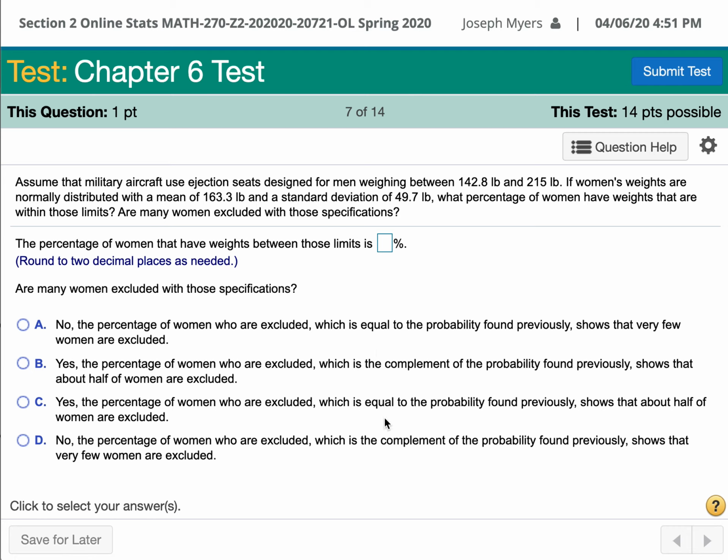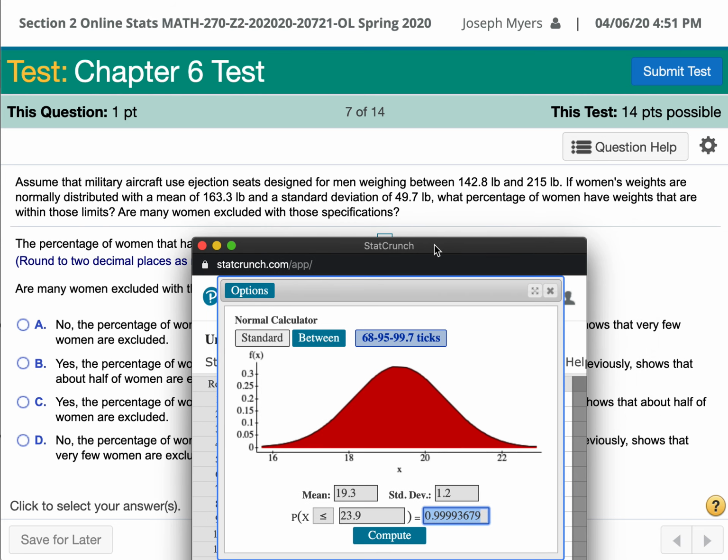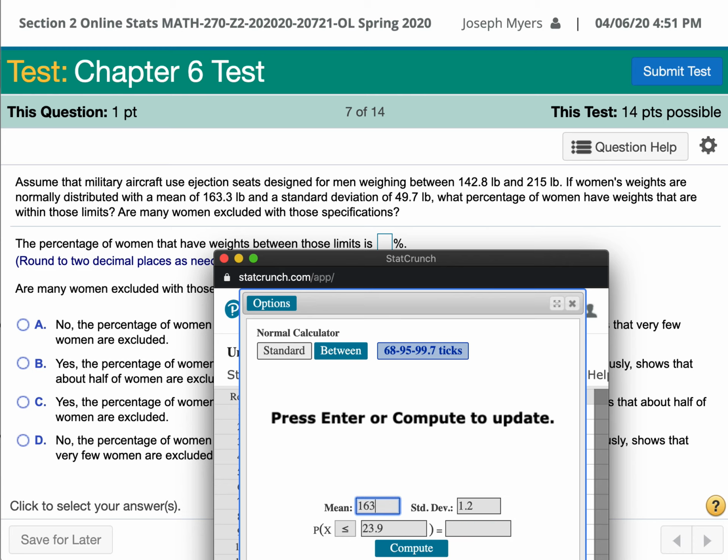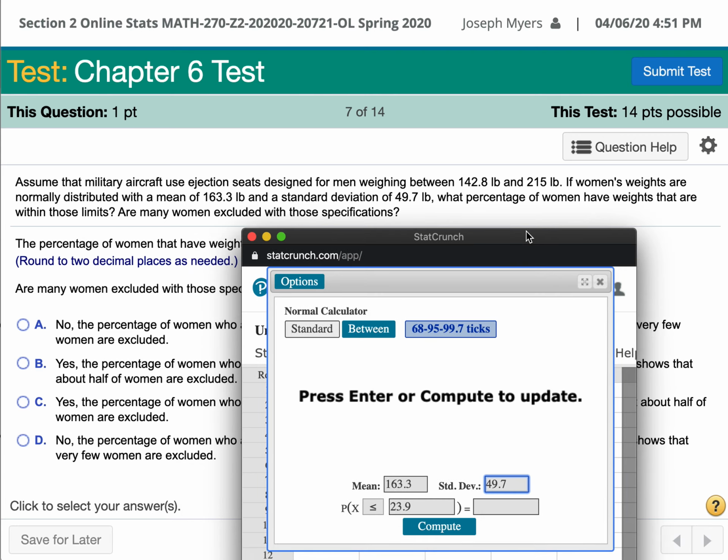Okay, now assume the military uses ejection seats for men between 142 pounds and 215 pounds. So let's just see. If women's weights are normally distributed, the mean of women is 163.3 and the standard deviation is 49.7. Those are the women's weights distribution.